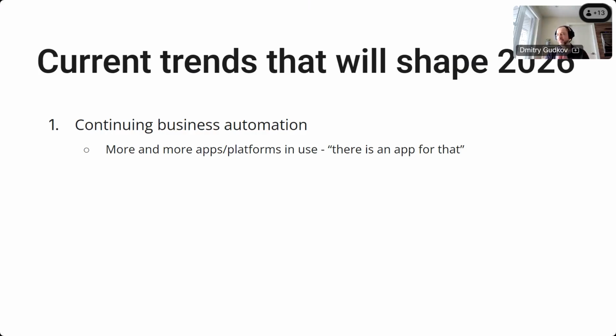For instance, at EasyMorph at some point we wanted to automate timesheets for our employees. There are lots of applications on the market for organizing timesheets, and basically whatever need you might have, there is an app for that. That's an ongoing, long-term trend, and it will probably continue.